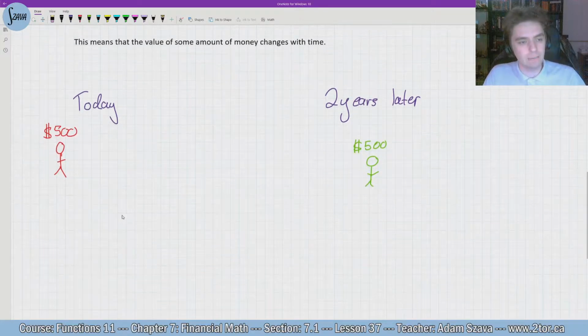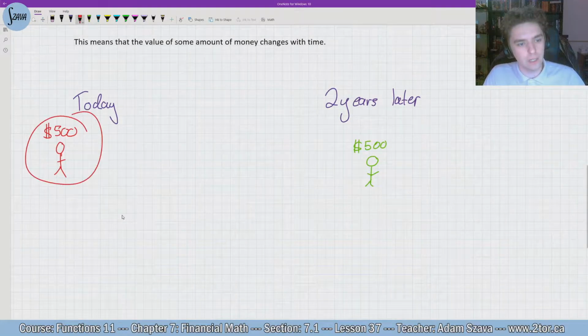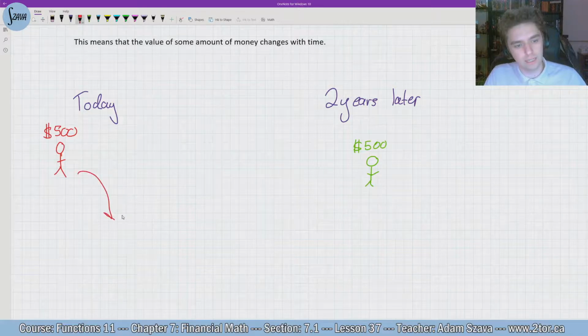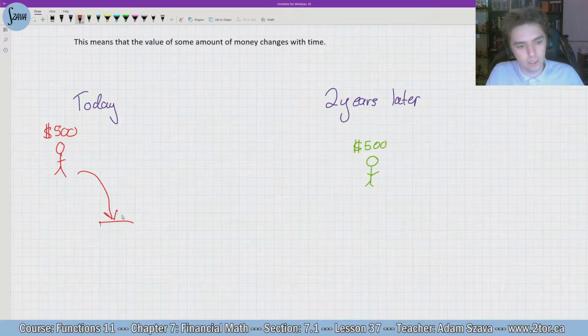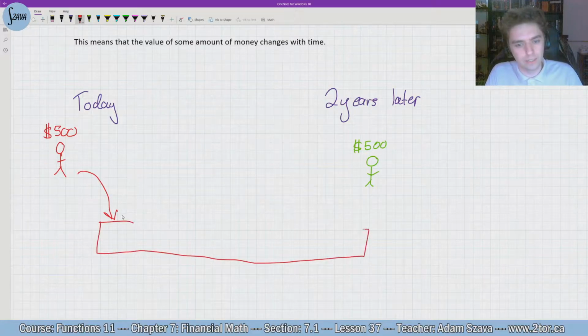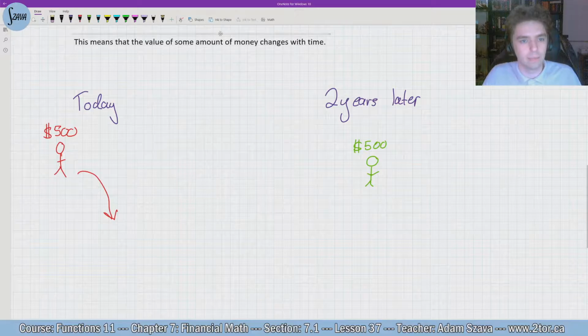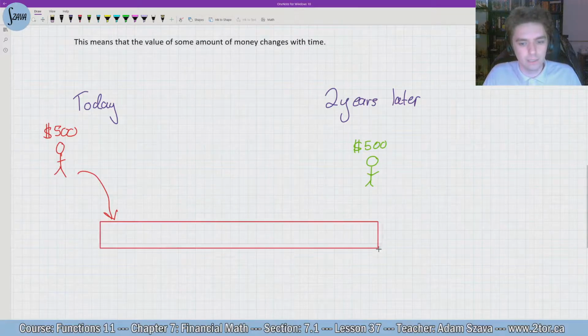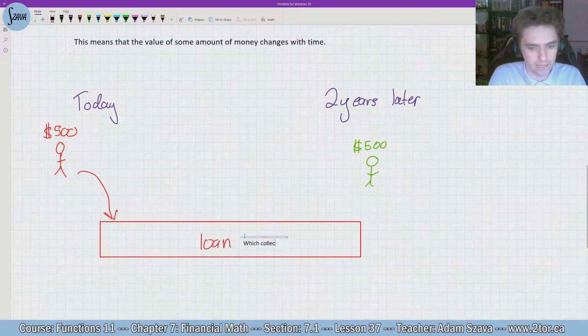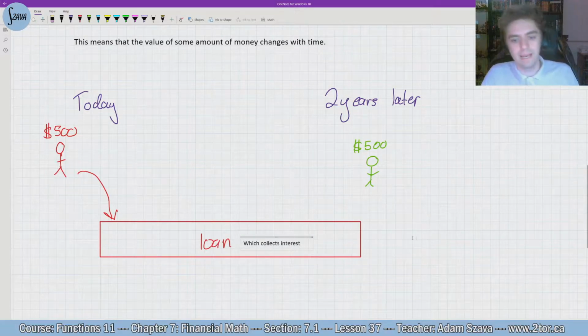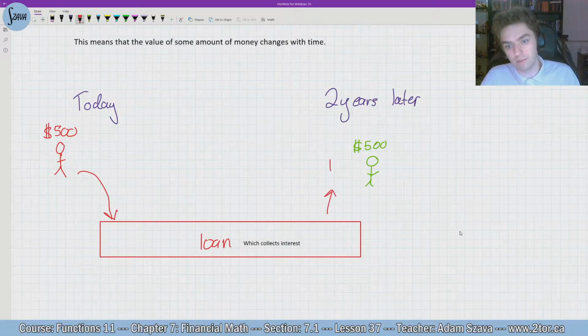The reason for that is because you today could put your $500 into some sort of loan. You could loan that $500 to someone. Let's say this is the loan that is being put into for these 2 years. In particular, it's a loan which collects interest, and after the 2 years, you will be left with more than $500.